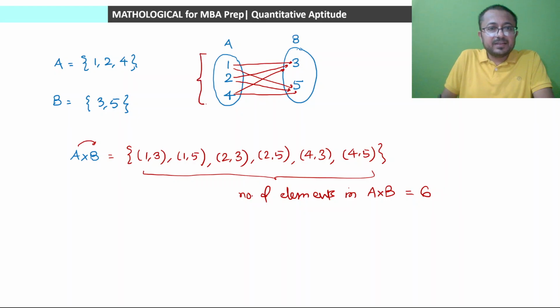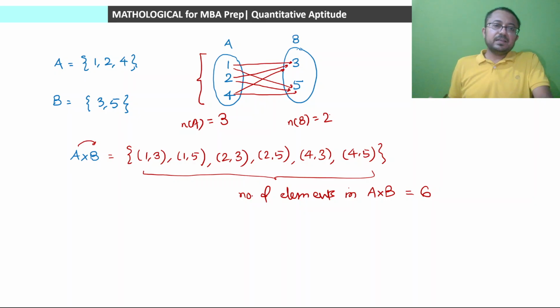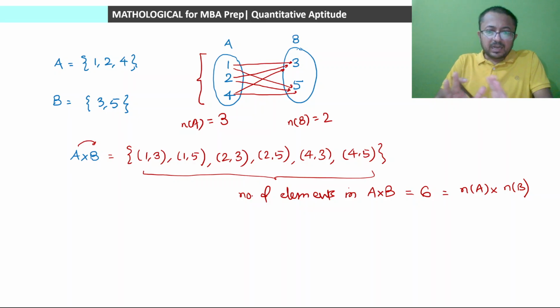Set A has 3 elements, the cardinality of set A is 3, and set B has 2 elements. So the number of elements in the Cartesian product A cross B is equal to the number of elements in set A multiplied by the number of elements in set B. Is that clear?